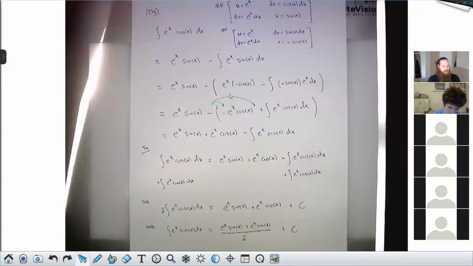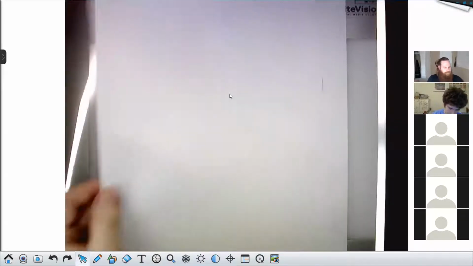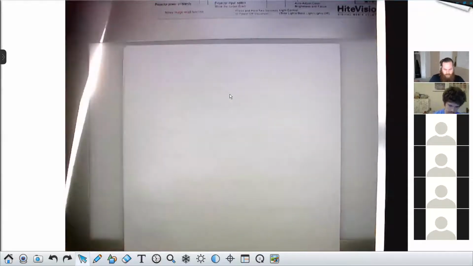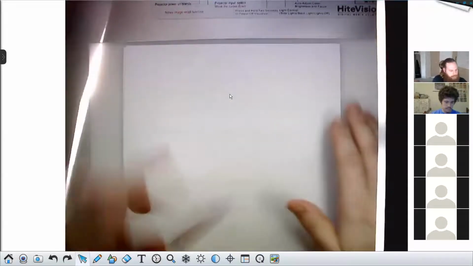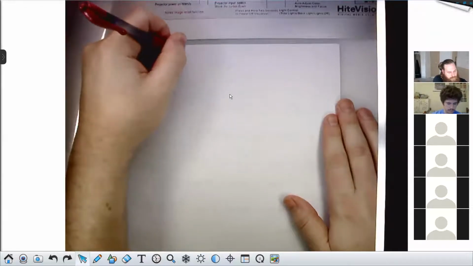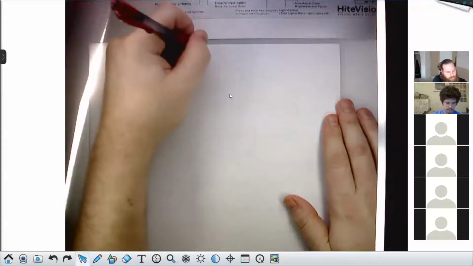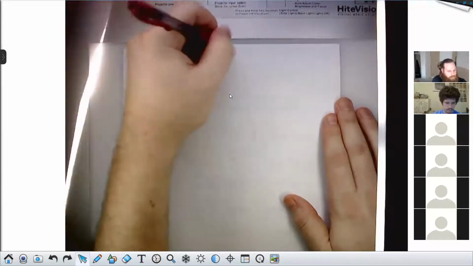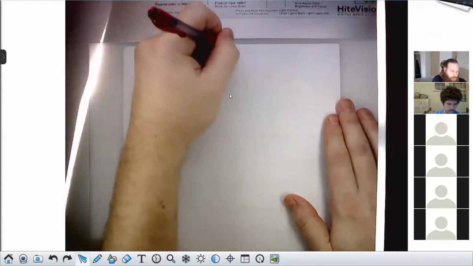So let me show you how to integrate odd powers of secant. To talk about odd powers of secant, the first odd power of secant is secant itself. Who knows how to integrate secant? Use integration by parts by setting u to secant. So that'll be for secant cubed.